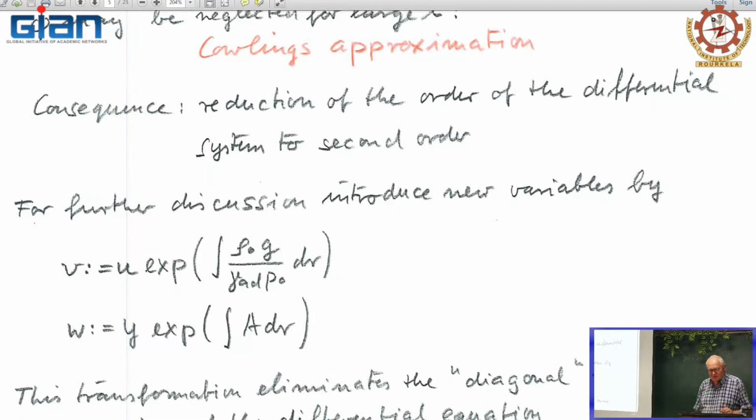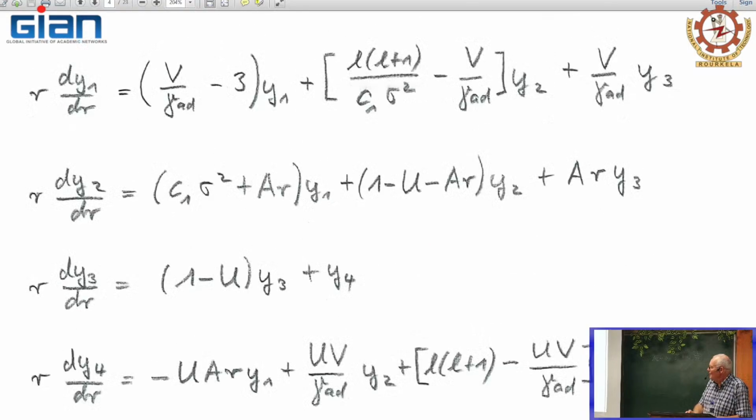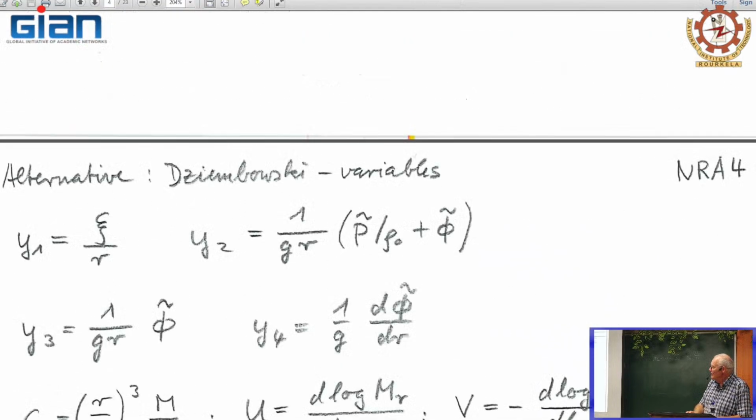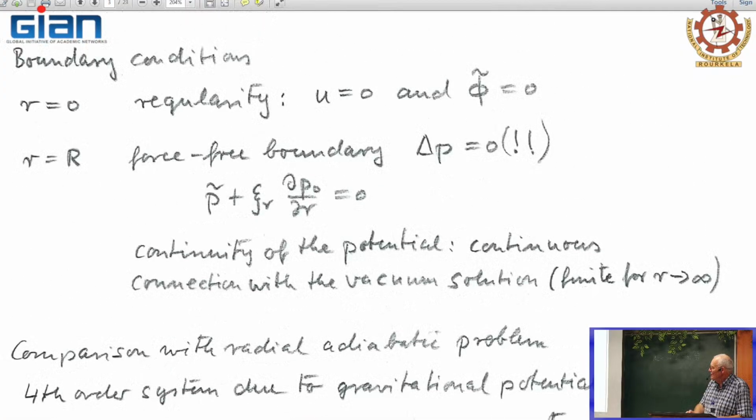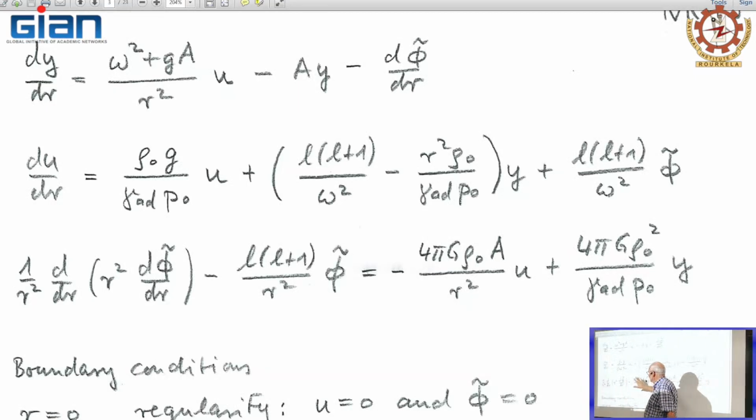Why do we do this? Let's go back to the equations. Of course, we now adopt also the Cowling's approximation, so we get rid of all these potentials, we get rid of the entire equation, and we get rid of the two terms in the uppermost two equations. So what are we doing? This reminds you of the integral which is appearing in the exponential in the transformation.